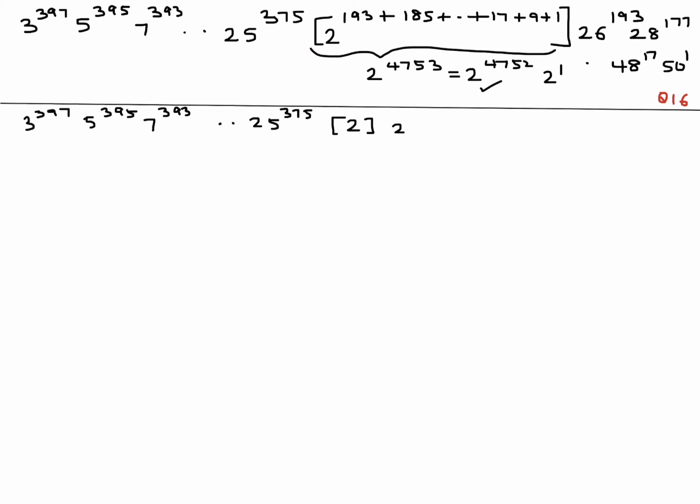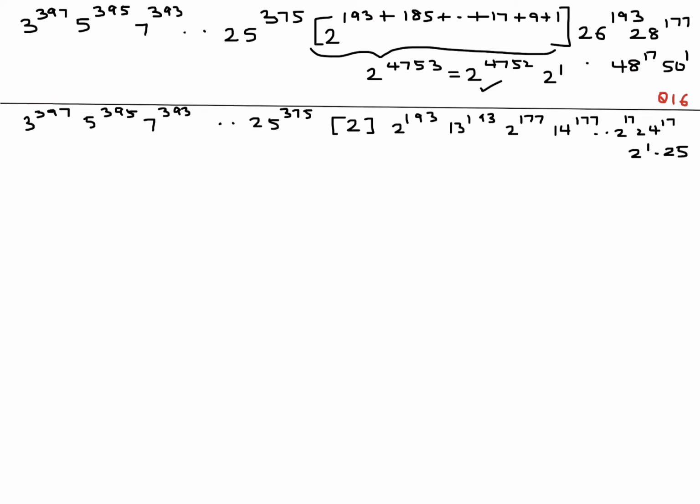And just like before, we got to start breaking this up now. 2 to the power of 193, 13 to the power of 193. And then 2 to the power of 177, 14 to the power of 177. And then dot, dot, dot. Eventually you'll get to 2 to the power of 17, 24 to the power of 17, and 2 to the power of 1 times 25.